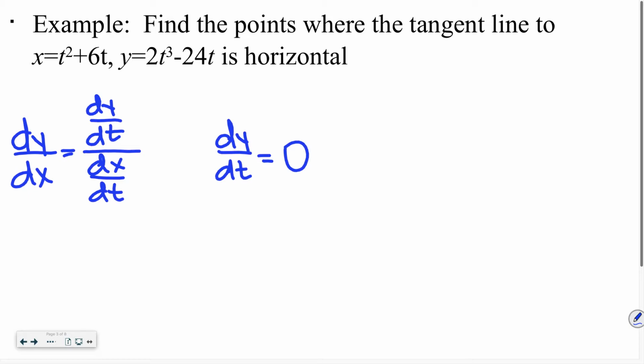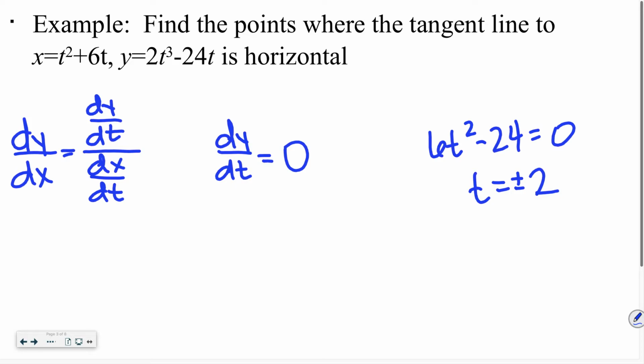So dy/dt would be 6t squared minus 24. Which means this occurs at plus or minus 2 for t.